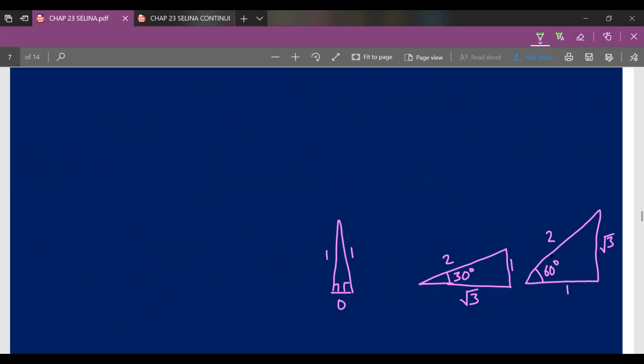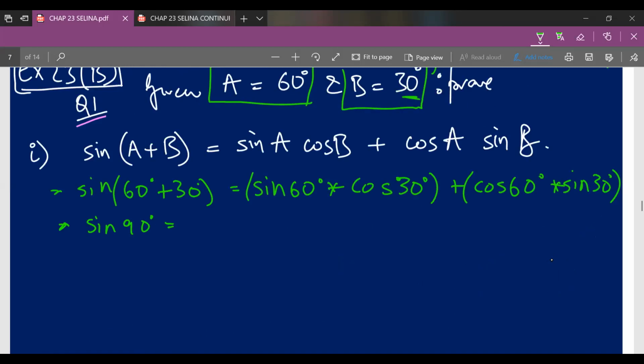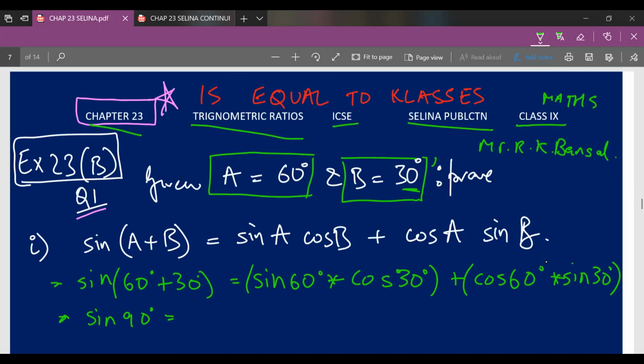So 60 degree here should be towards the ground, and sine 60 degree means that with respect to angle 60 degree over here, perpendicular on hypotenuse, because that is the formula for sine theta. So with respect to angle 60 degree, sine 60 degree will be root 3 upon 2. So we'll just write that down.